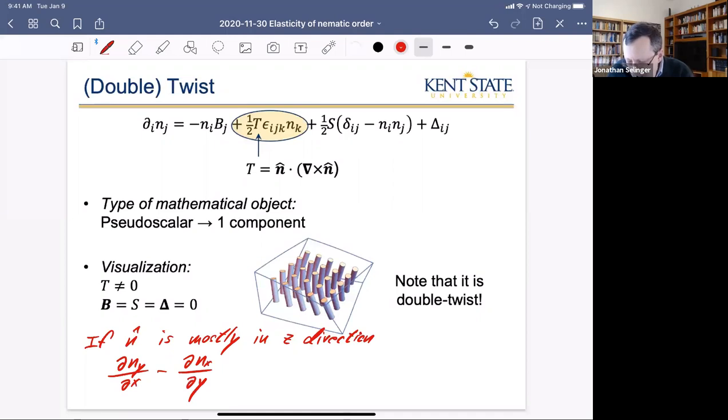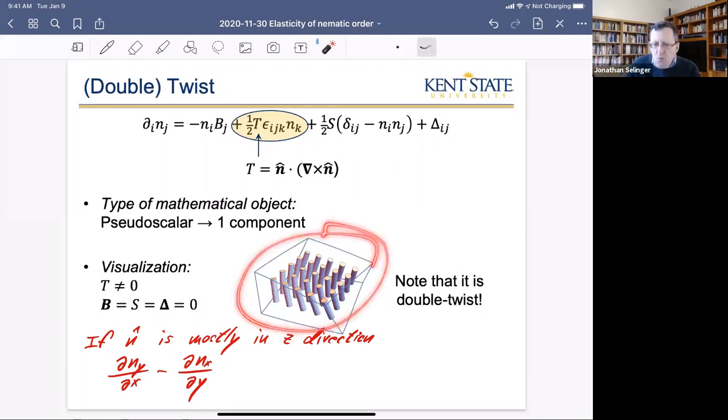This combination of derivatives represents a variation like this one, where the director is sticking up in the middle, and it tips over in one direction as a function of x, and it tips over in the perpendicular direction as a function of y.